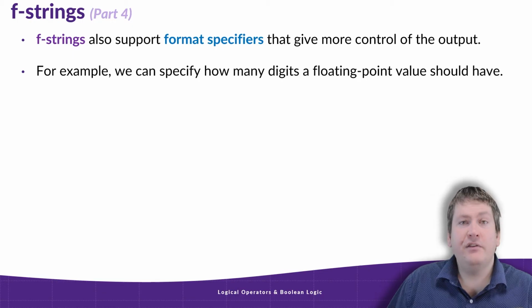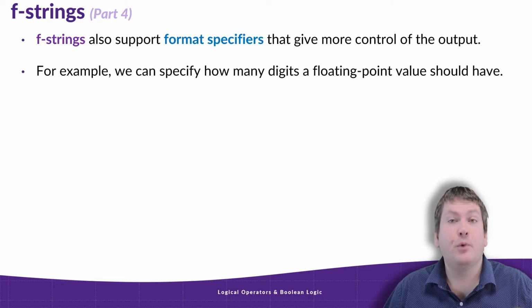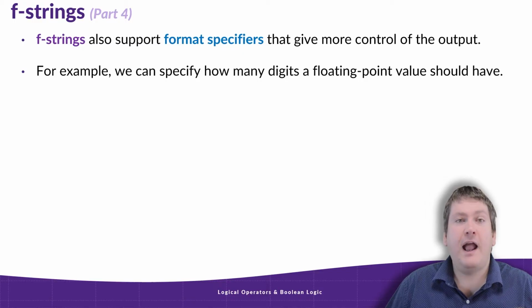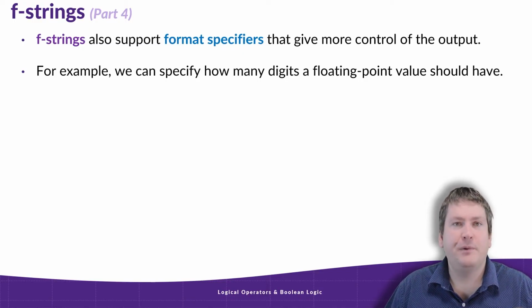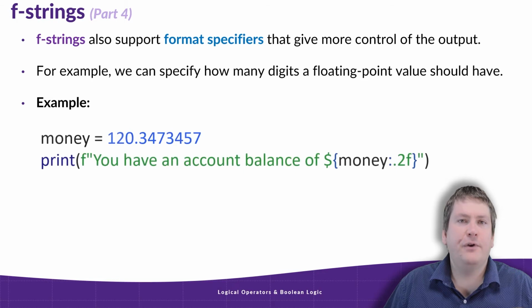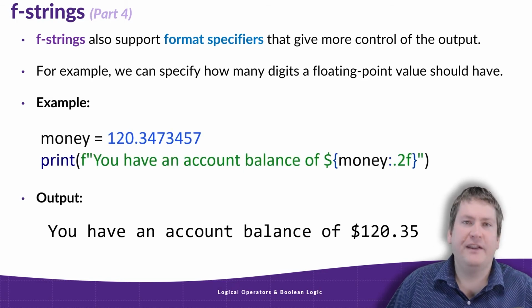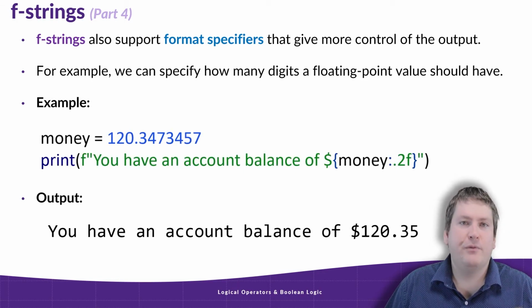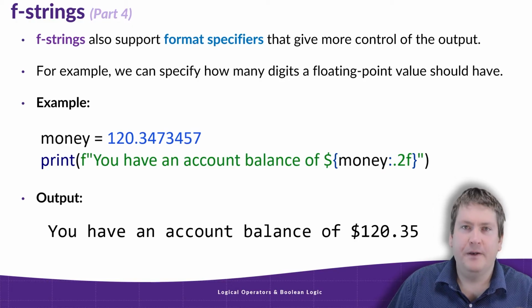So f-strings also support some more advanced features, such as format specifiers, and they give us more control over the output and how Python's going to interpret the values we send to it. So for example, let's say we have a money value that's like 120.3473457. Maybe we want to round that so we get an output like this, 120.35.